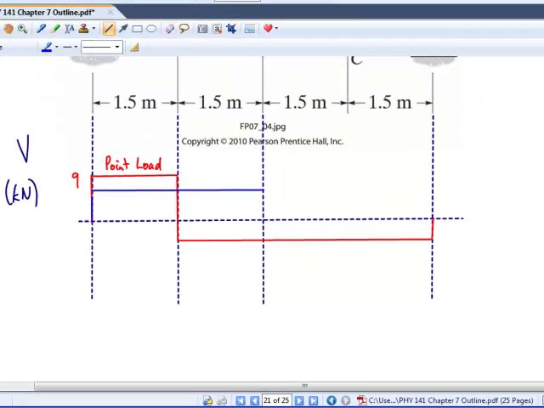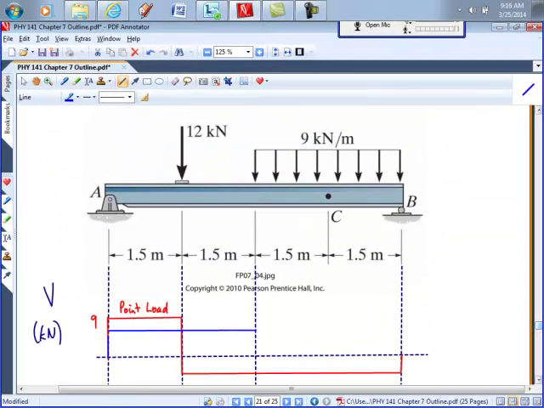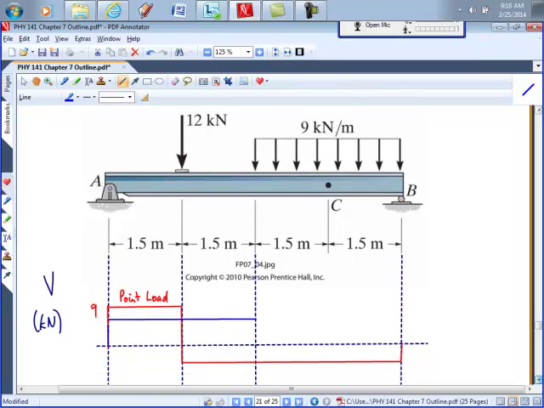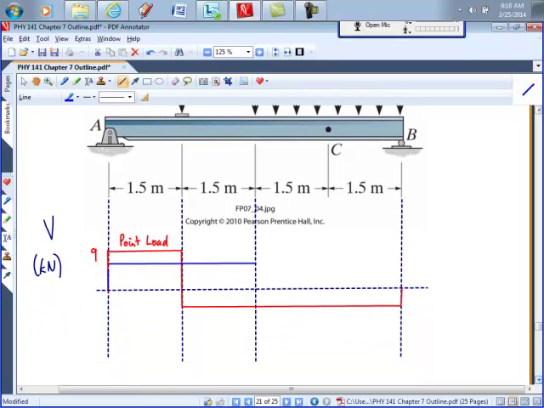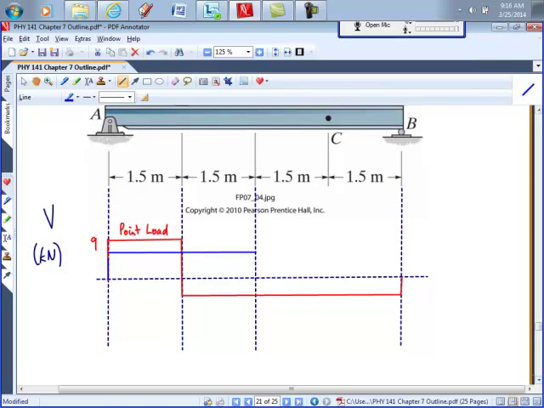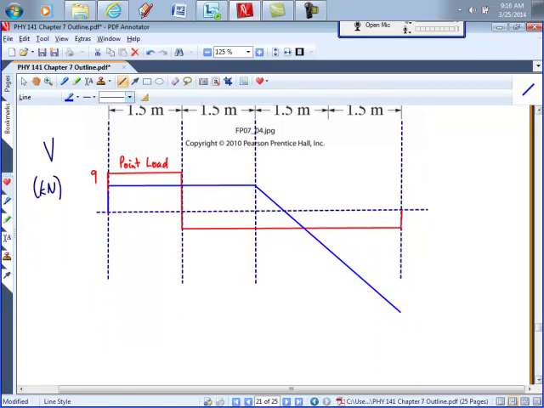It goes down at a constant slope of negative 9 kilonewtons per meter for 3 meters. So it goes from positive 6.75 to negative 20.25.